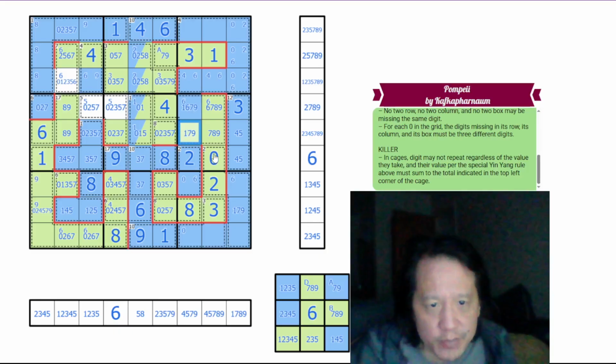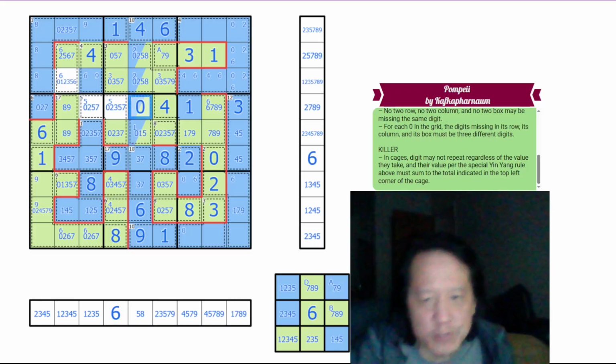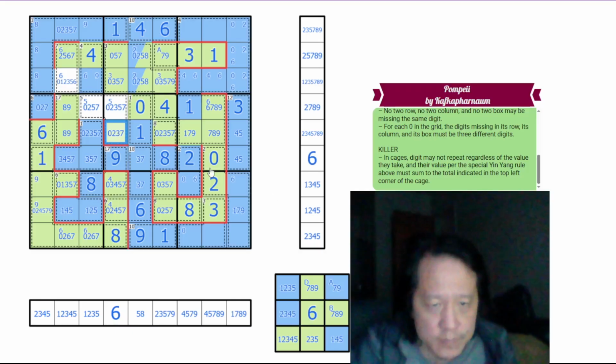Therefore, this is not blue. This has to be the 1. So that forces this to be 0, which means this cannot be blue. It's green, which means this can't be green. That's blue. So this is 1. This is green. This has to be green then here, which makes this green here.